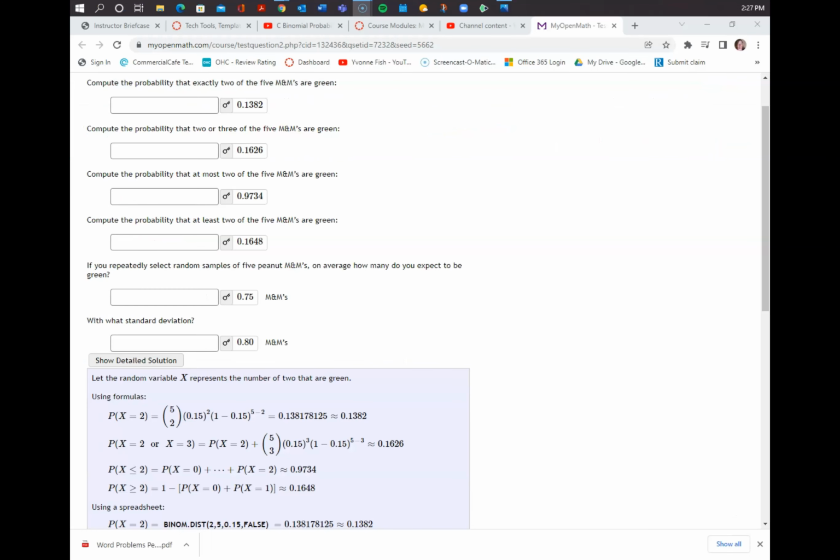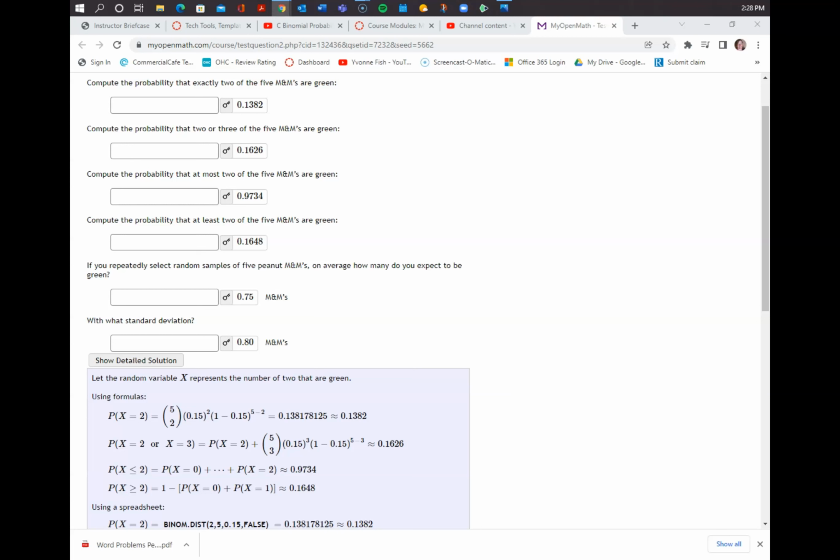Now we're going to look at the probability of having at most 2 of the 5 M&Ms being green, and the next ones are looking at the at least situation. This template is pretty cool. It's more involved than just having exactly one, which we could do for the first thing, but this sets up the binomial distribution values with a slider.